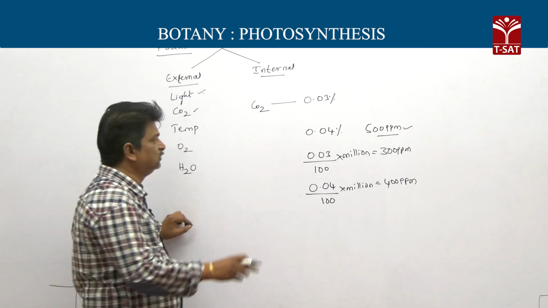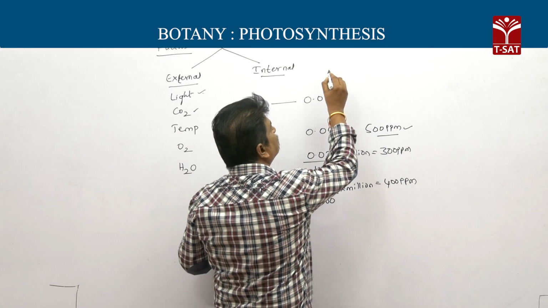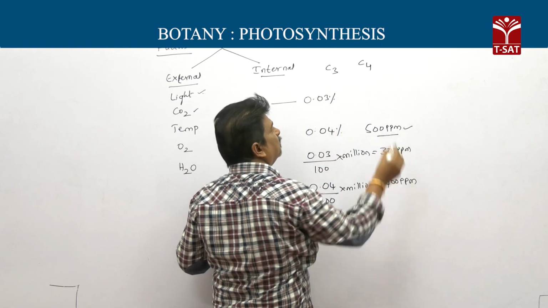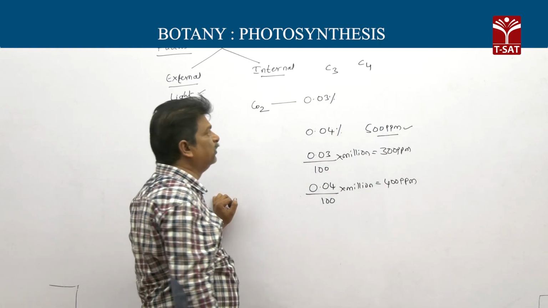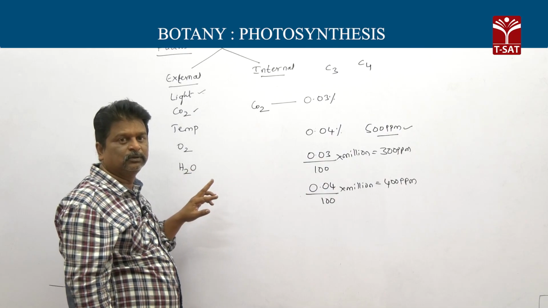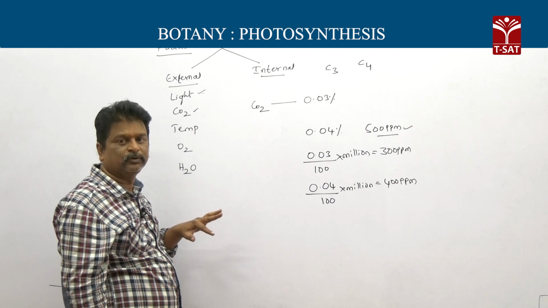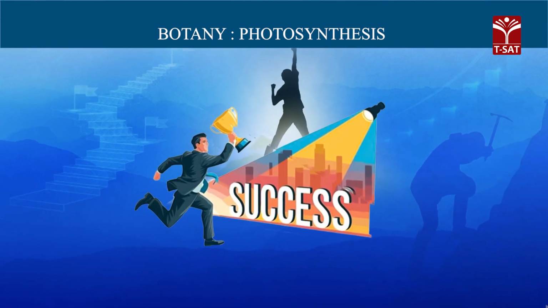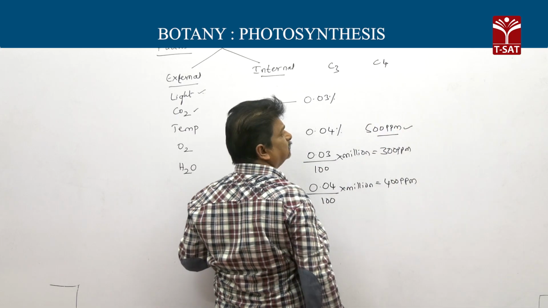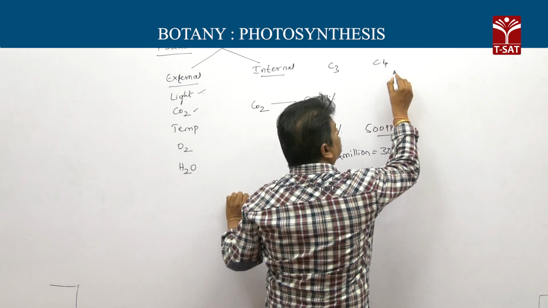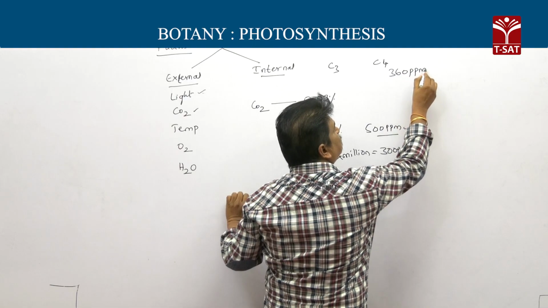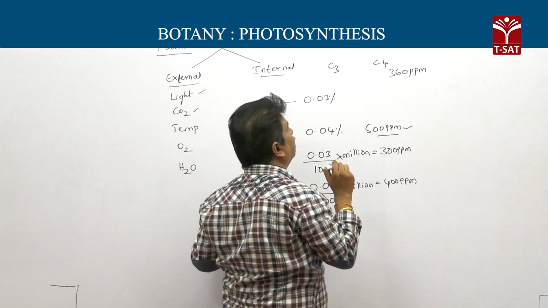Then actually, C3 and C4 plants, at a low light intensity, both do not respond to carbon dioxide. C4 plants are saturated at 360 ppm of carbon dioxide.